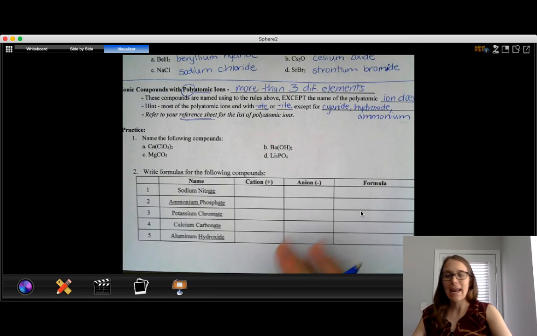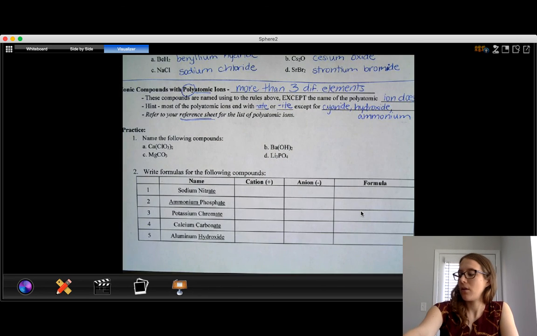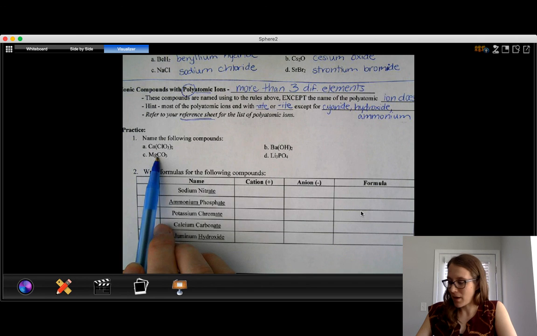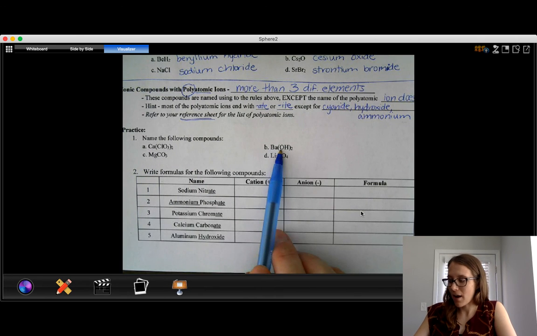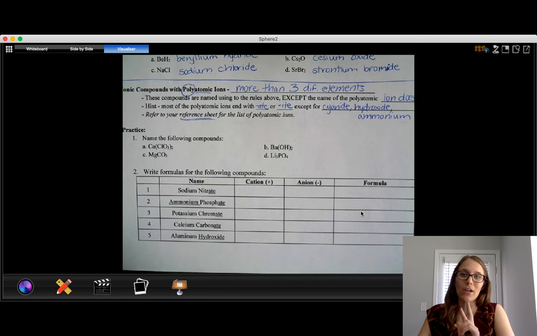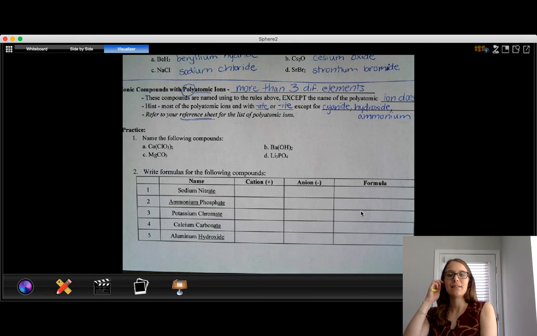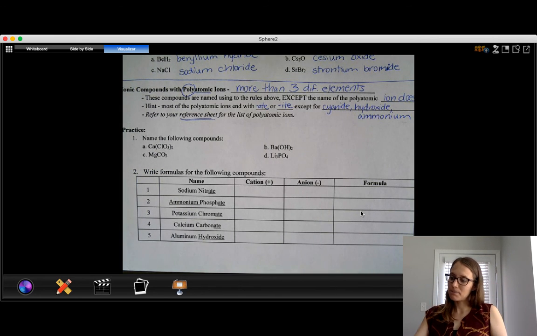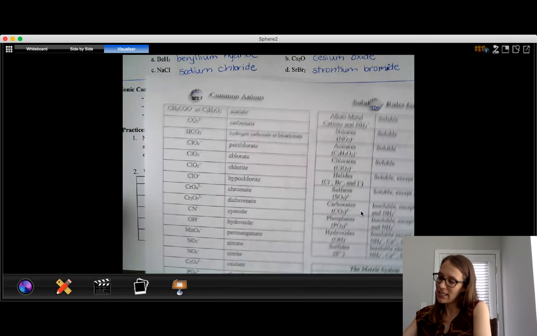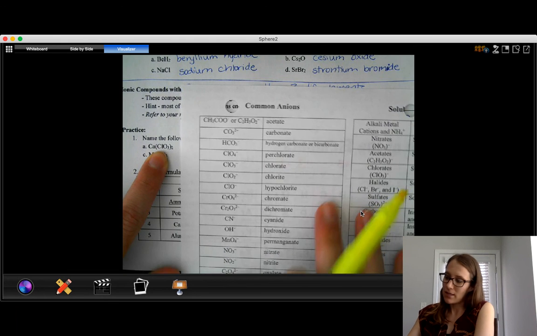If we wanted to name the following compounds, even though there are 3 or 4 different elements, calcium, chlorine, oxygen, magnesium, carbon, oxygen, barium, oxygen, hydrogen, etc., we can only have 2 words in a name. So we need to figure out which chunk in this formula is a polyatomic ion, and then we name the 2 pieces. If you see parentheses, that gives you a pretty good idea that that's probably the polyatomic.